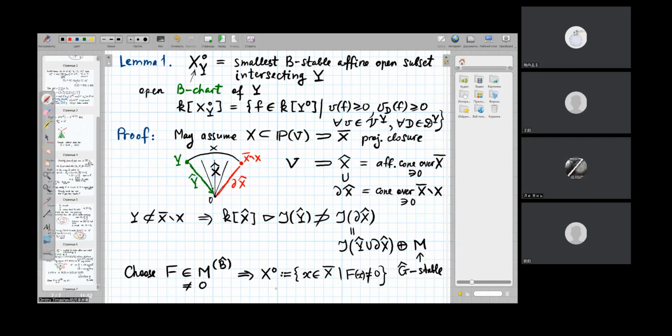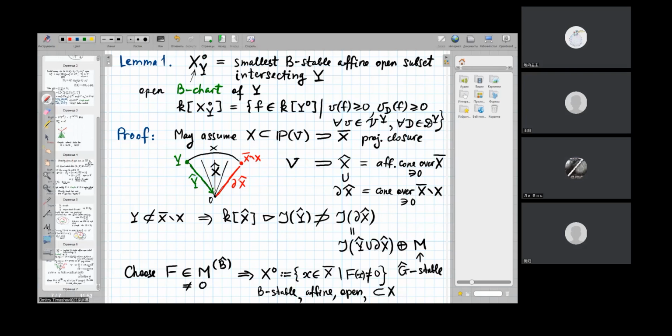It will be a B-stable, affine open subset in X bar containing X, contained in X, because this F vanishes on the boundary of X bar.